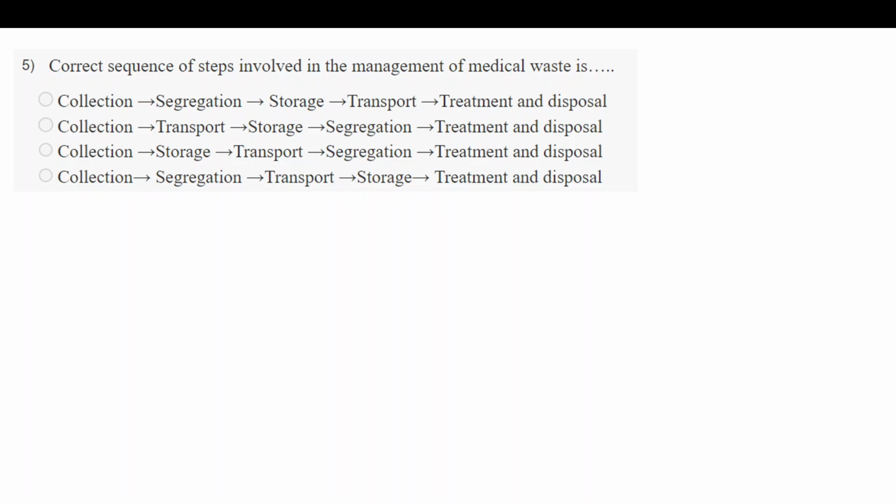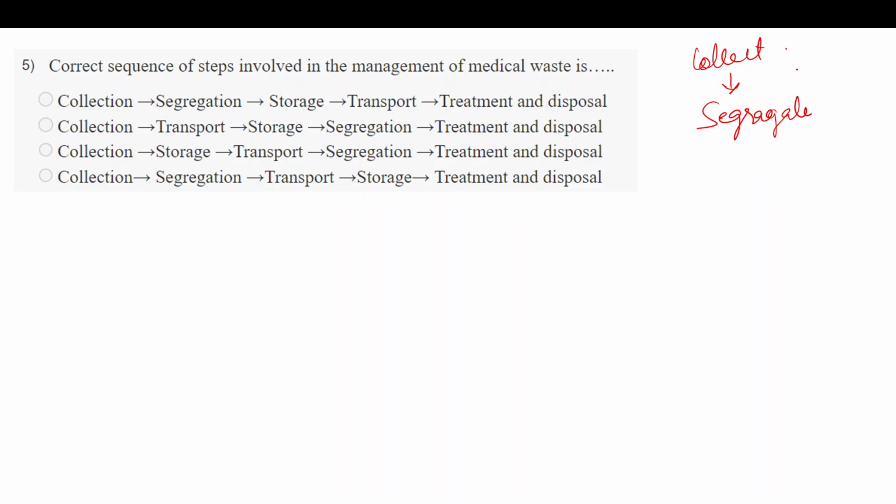Next is, the correct sequence of steps involved in the management of medical waste is dash. So what you do, let's write down and match with the option. First you collect the waste, then you segregate the waste.